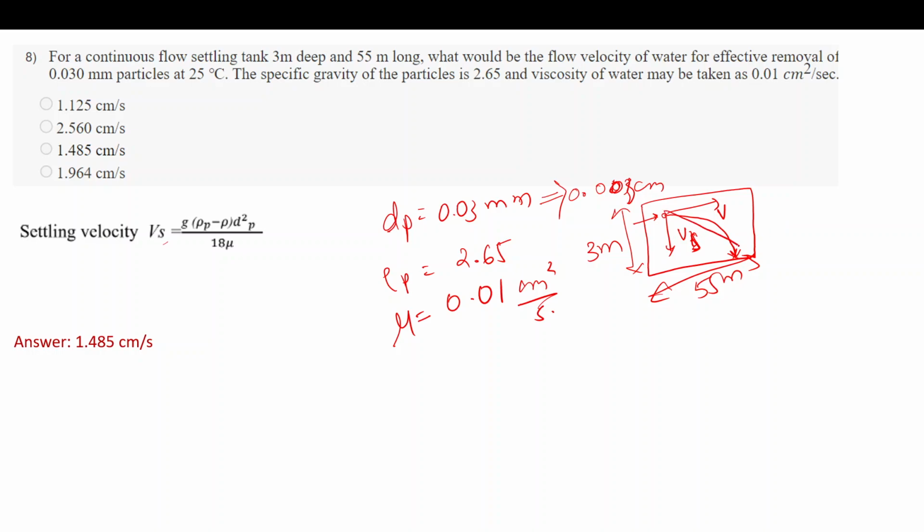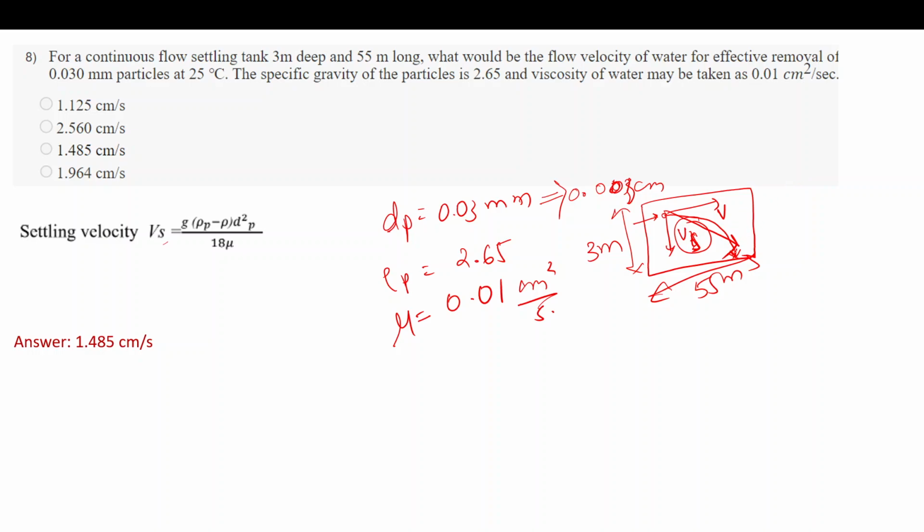So there will be some resultant component, and we have a relation between terminal settling velocity and horizontal velocity. From the data we have, we can find the terminal settling velocity, and later we can correlate it to the horizontal velocity.